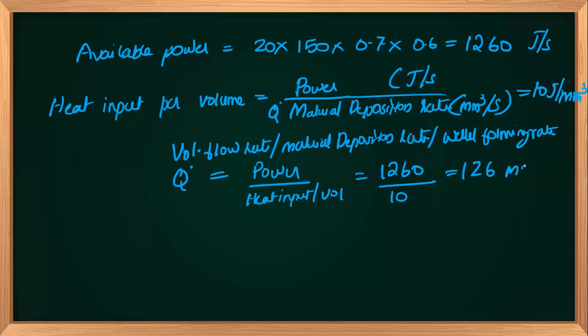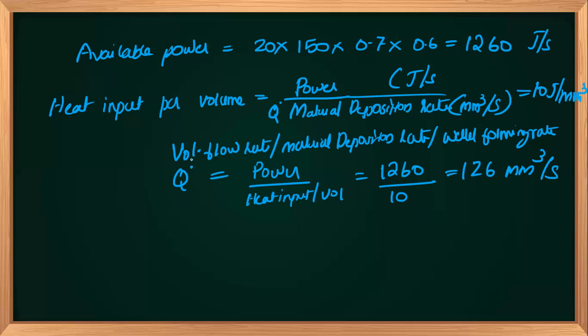This was joules per second, and this will be joules per millimeter cube. So millimeter cube will come here and second will come here. This will be mm per second. 126 mm³ per second. This is what we get.